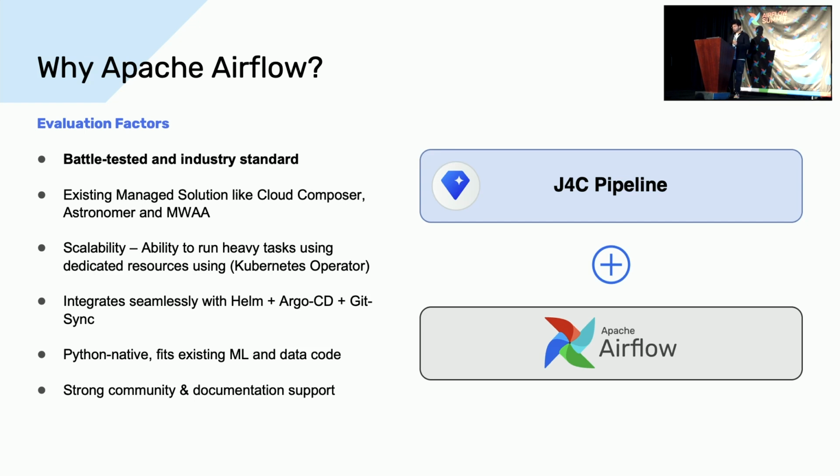Those all do work well, but we needed fast implementation, iteration, and an industry-tested solution. That's where Airflow came in, and it also has existing managed solutions. So if in future we do need to migrate to a managed service, we have the choice of Cloud Composer, Astronomer, and MWAA as well.